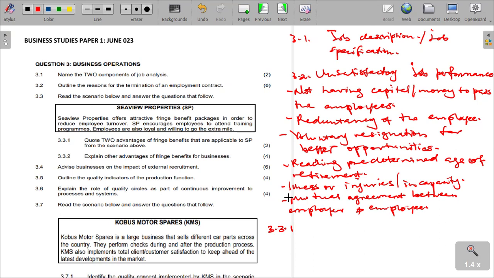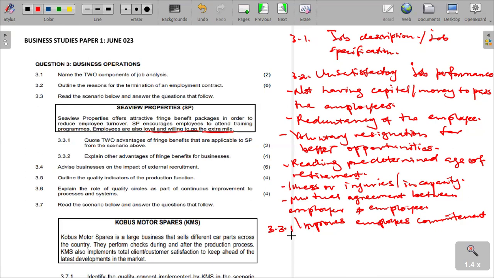We are saying employees are loyal and willing to work hard, improves employees' commitment. You can see from the scenario that the employees are willing to work hard. Employees are loyal and are willing to work an extra mile. That is one point that we are talking about there.